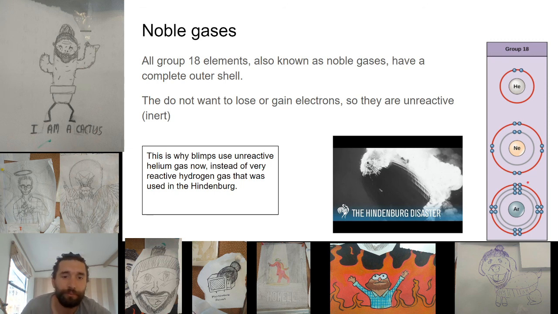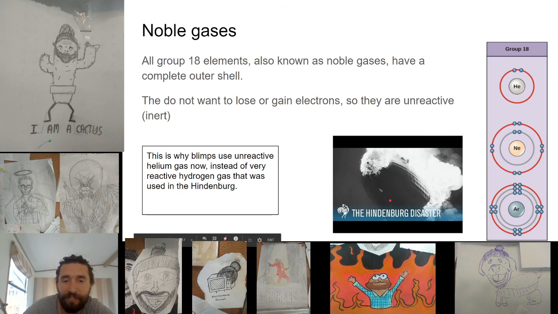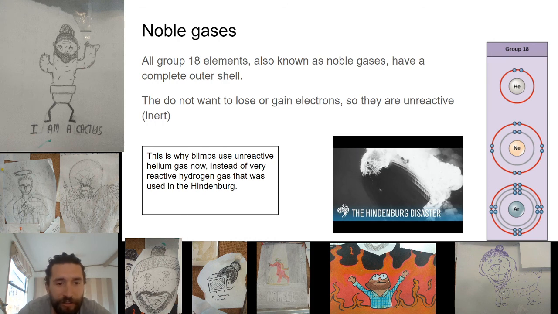Have you ever seen the Hindenburg disaster? That was a big airship that was filled up with hydrogen. Now hydrogen does not have a full outer shell. It's very light, so it's good for lifting up these big airships, but it's also very reactive, so when it hit something it caught on fire and burnt up really quickly.